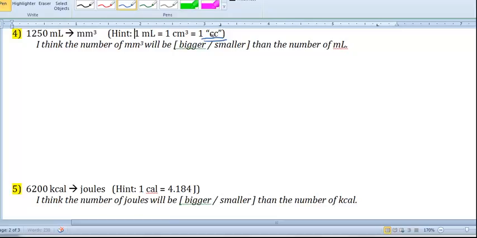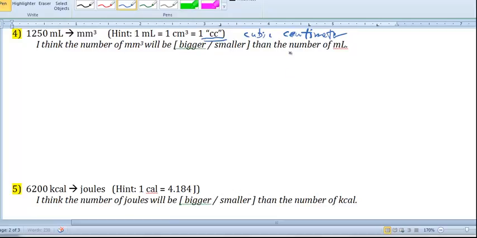A cc is nothing more than the abbreviation for cubic centimeter. So that's all that is. A cubic centimeter is 1 cm to the third power, which is equal to 1 milliliter.